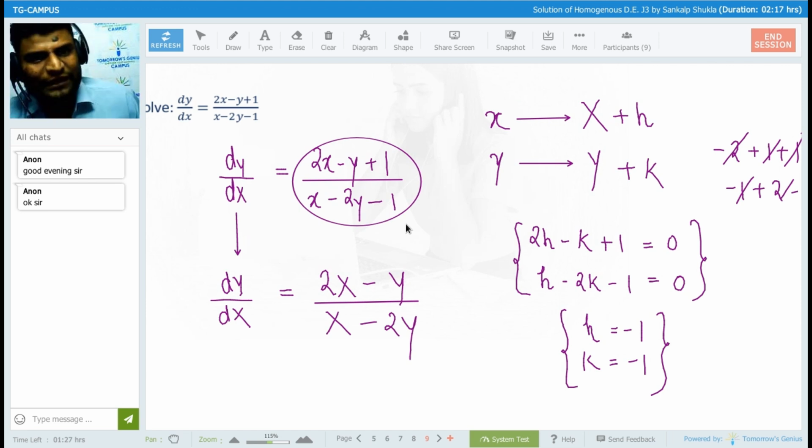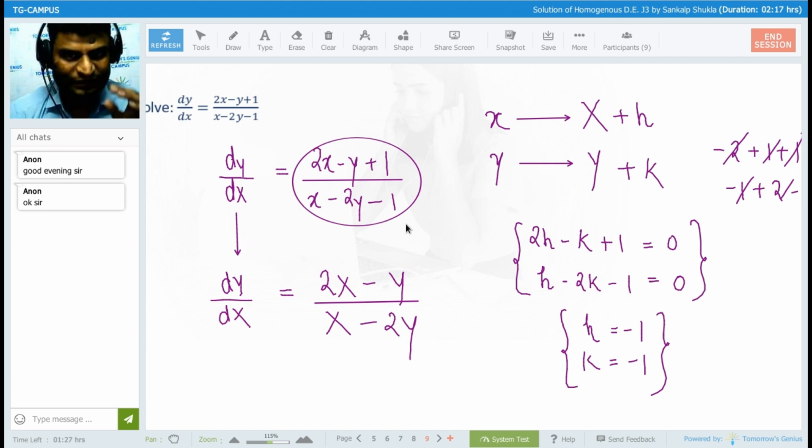The trick is whenever you are seeing this kind of question, in which it's a case of linear by linear, first of all, just replace your dy by dx with capital dY by capital dX, and replace your x and y with capital X and capital Y. So this will become (2x minus y) upon (x minus 2y).